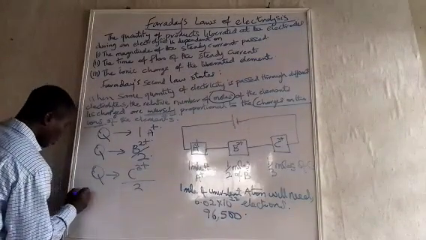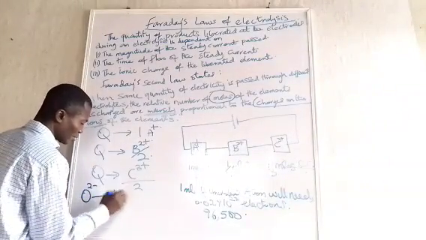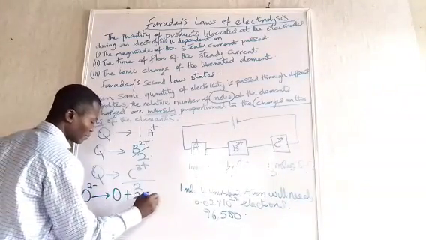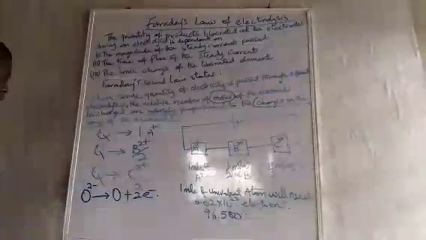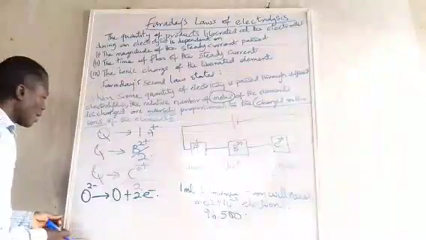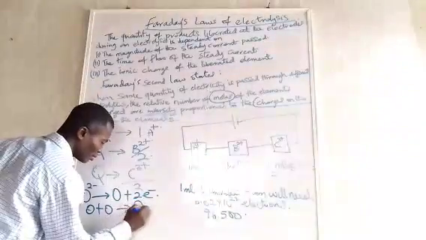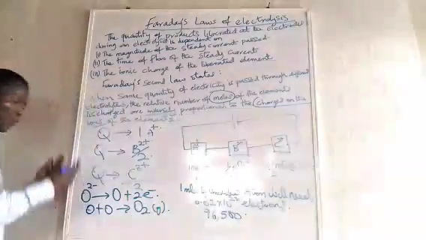One more. Let's say I want to work on this one, O2-. It's going to give me O plus 2e-. You can see that I cannot have it as an oxygen atom alone. It means that I will need O plus O to give me O2 gas. And how does that happen?